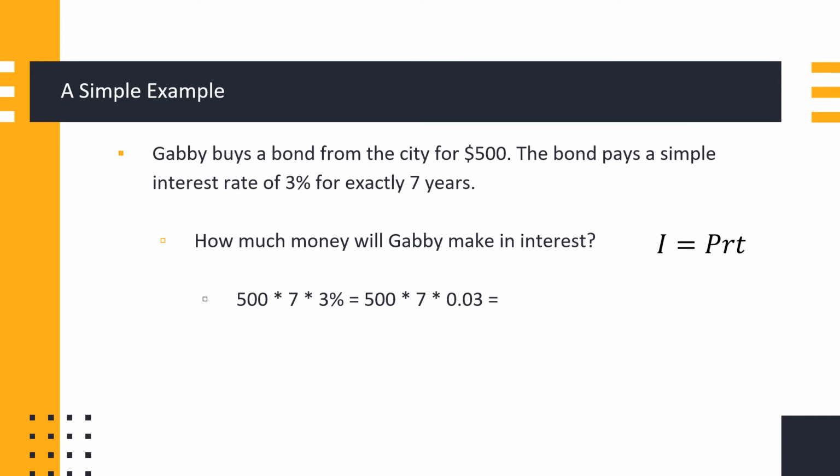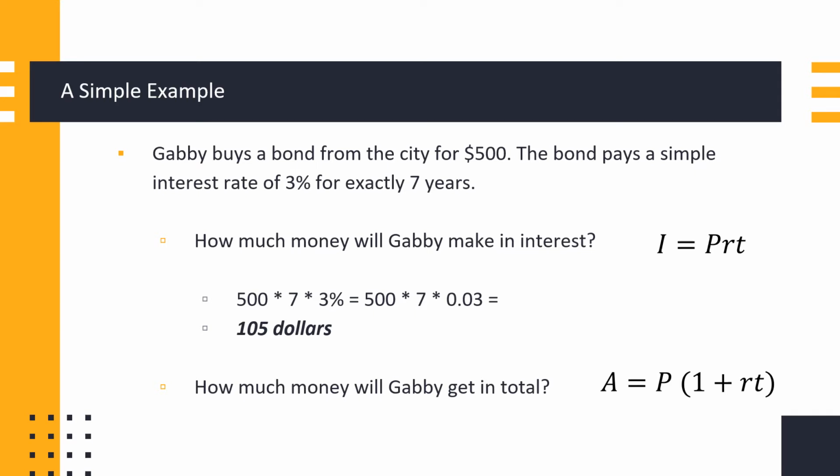So move the decimal place over 2 places to the left, and you'll have converted. And that, by the way, is just $105. She didn't make a ton of money, but then we can ask the question, how much did she get in total? And, well, you can use that formula if you want, but if you remember, it's just the principal plus the interest, so that's just 500 plus 105, which is $605.